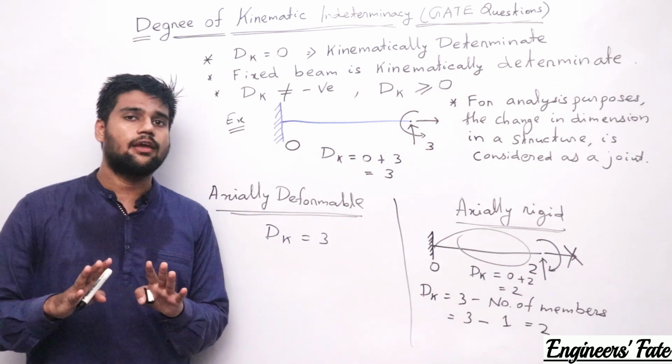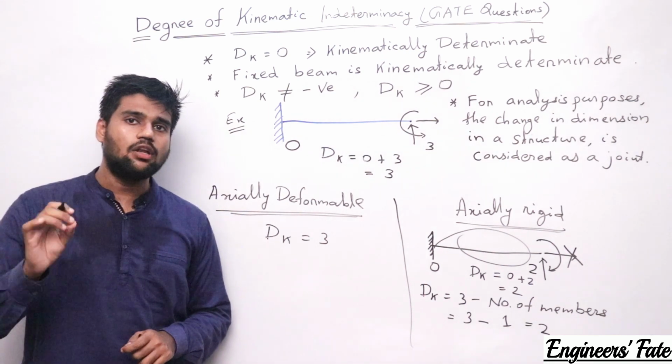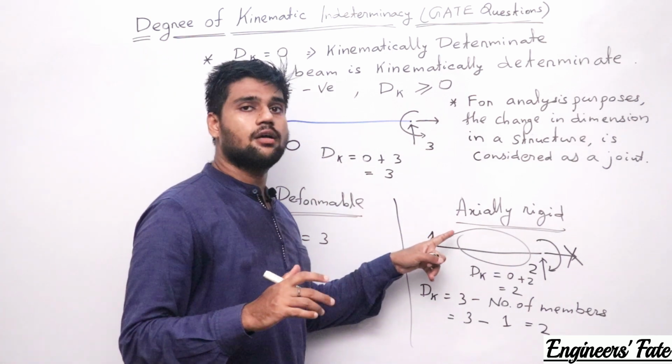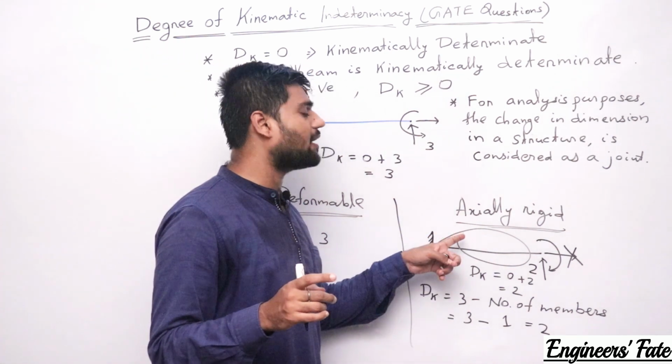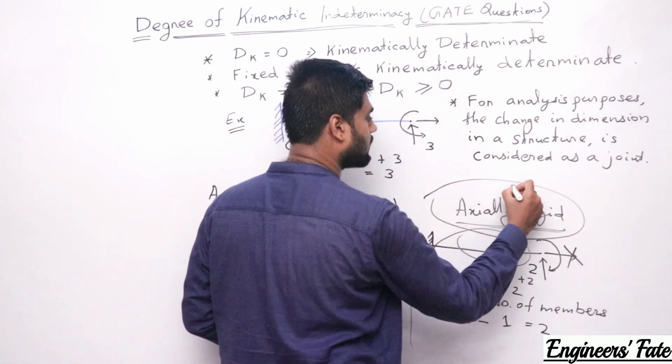And even if nothing is mentioned in a question and he is only asking us to find dk, then by default also find your answer by considering the actually rigid case. This is the default case.